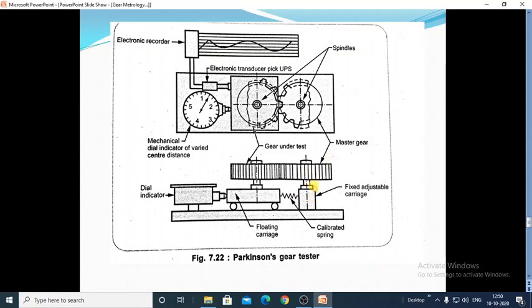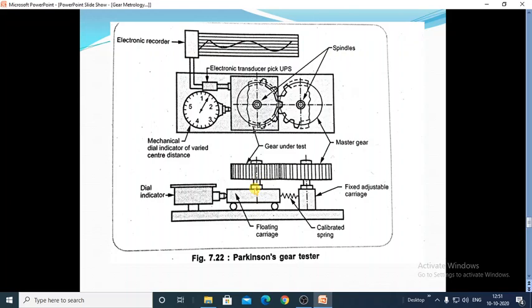The carriage is adjustable but the spindle is fixed, and the gear to be tested is mounted on another spindle. The spindle of the gear under test is attached to a floating carriage.